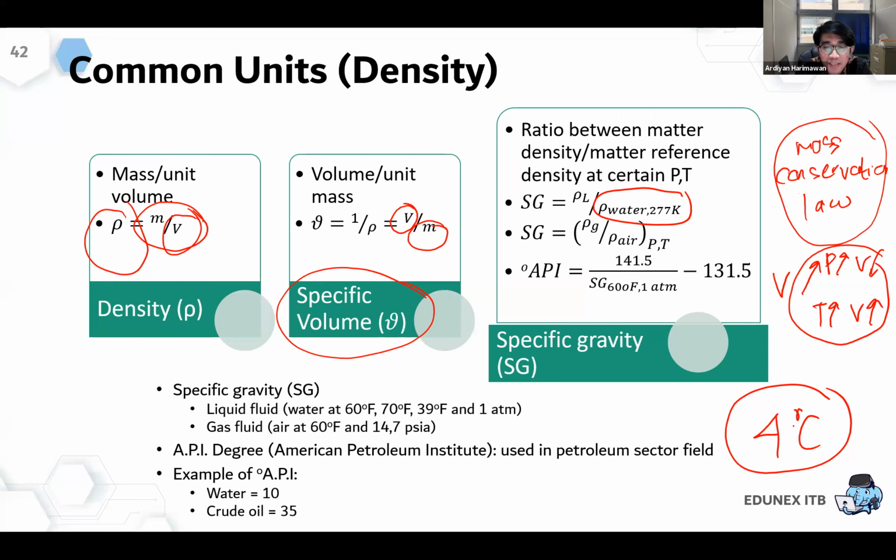Is it like the magic state, sir, between like liquid and ice? Sorry. It's like the state where it's nearly liquid and ice or something. Okay, but still in the liquid, right? But what is the special case with water in liquid state at 4 degrees C?